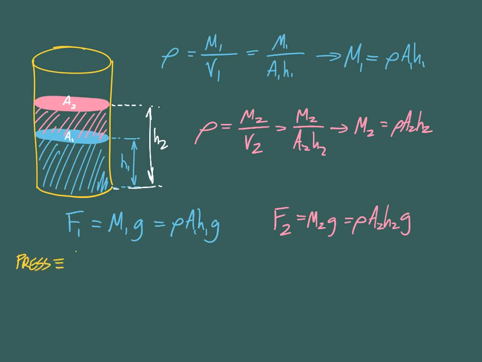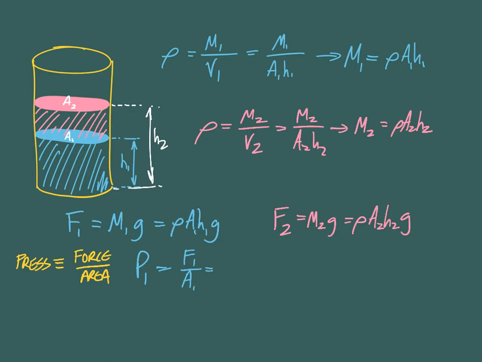Now, pressure. We define pressure to be force per unit area. All right? So that means pressure 1, if I just call that P for pressure, is going to be force 1 over the area 1.